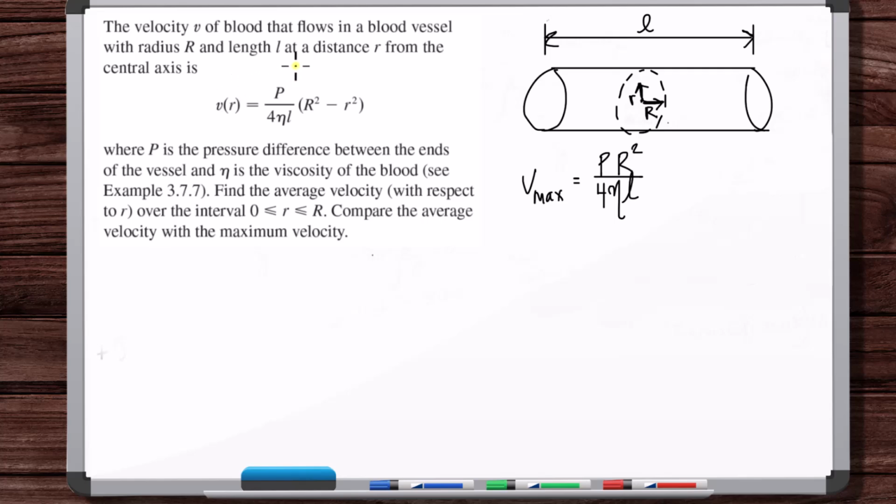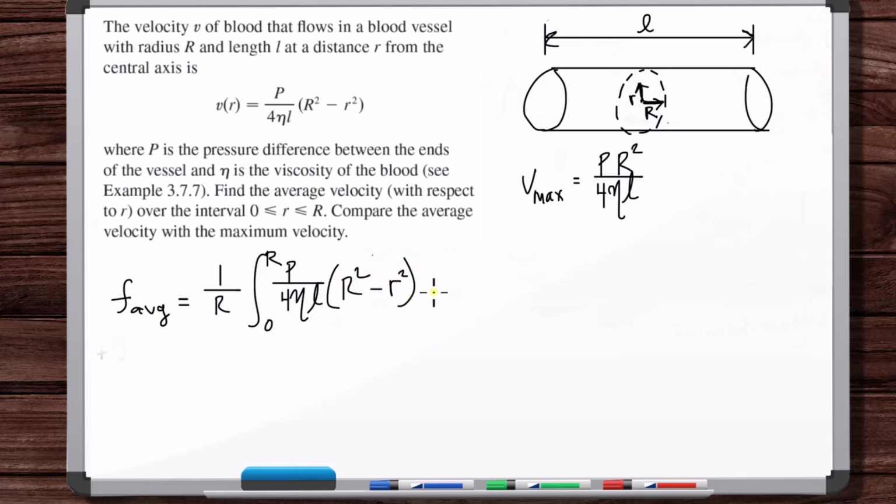All right, so it's saying calculate the average velocity with respect to r. So not the maximum velocity, but what's the average velocity over the cross section? How do you do that? Well, we're just going to find the average value of the function over the interval from 0 to capital R. So this is going to be 1 over capital R, and then the integral from 0 to capital R of the function dr, like that.